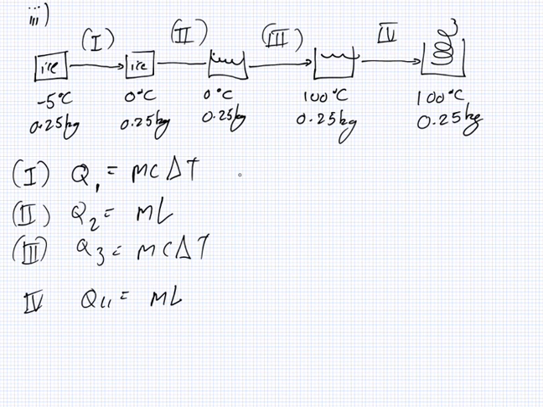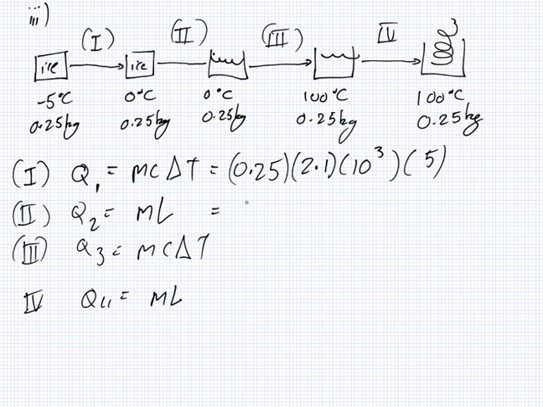ML. Now in the first case the M is 0.25, the C for ice is given, heat capacity of ice is 2.1 times 10 to the 3, and then what's the delta T, the change in the temperature? 5.